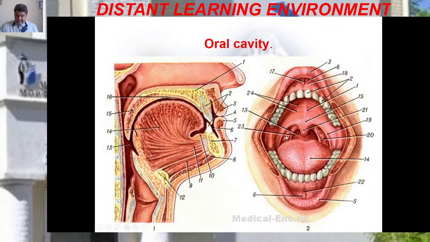You may see it here, which lodges the palatine tonsil. Each palatine tonsil is an oval-shaped mass of lymphoid tissue. The tonsil occupies the greater inferior part of triangular depression between arches.